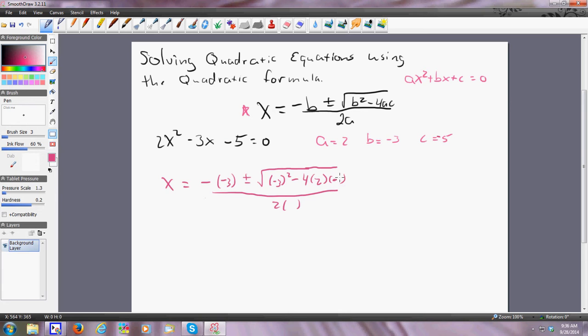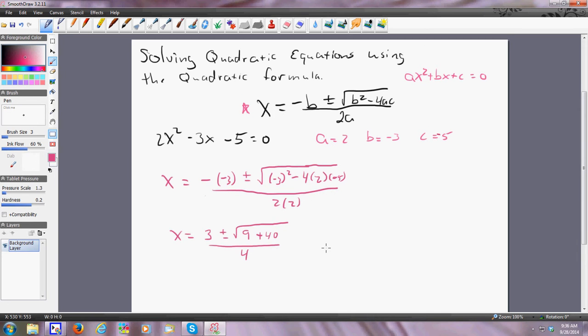c is negative 5. Once I do that, I say negative and negative is positive, plus or minus, that's going to be a 9 minus 4 times 2 is 8, times a negative 5 is a negative 40, so minus a negative gives me a positive. Oh, goodness me. All over 2a, which is 4.